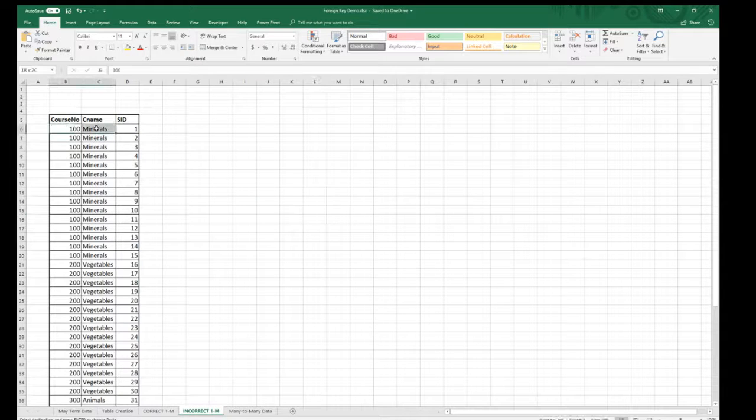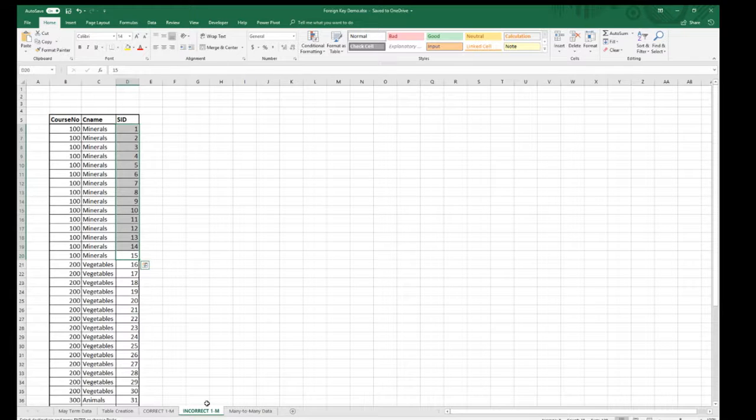You can see that we have the course information, and then in order to represent all of the students that are enrolled in the course, I have to repeat course number, course name 15 times for that first course. So you can see that 100 is the primary key, and I'm repeating that course name all 15 times to be able to show that each of those 15 students is in there.